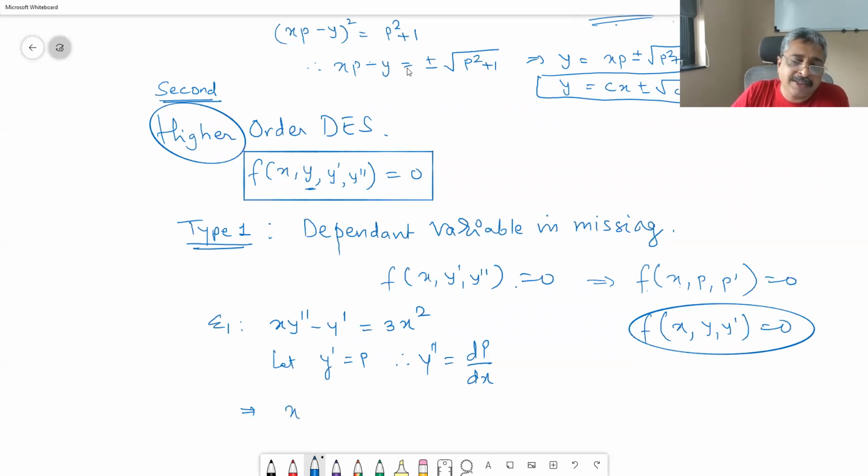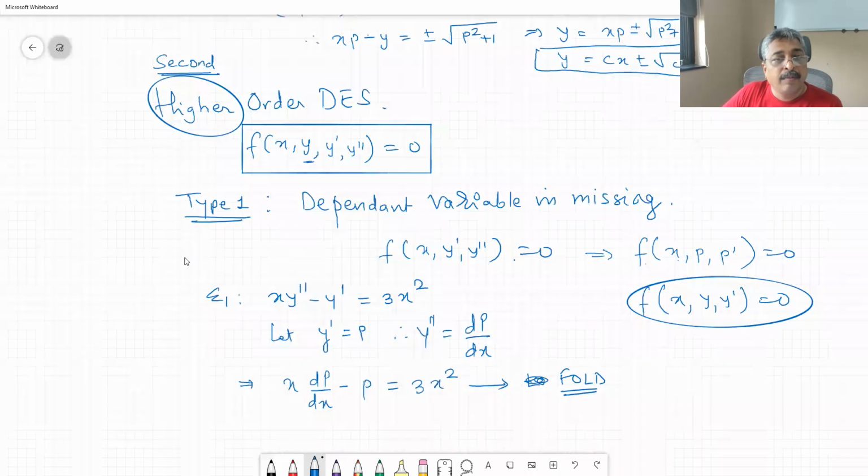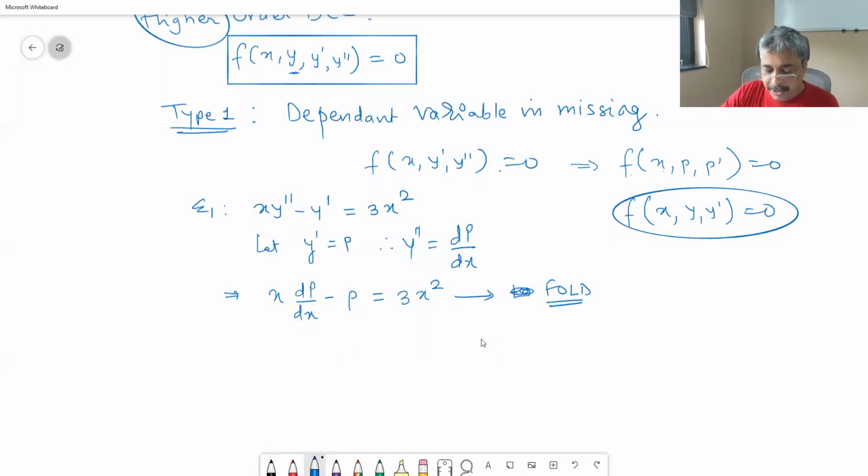We get x dp by dx minus p is equal to 3x square. Is this FOID? Yes.